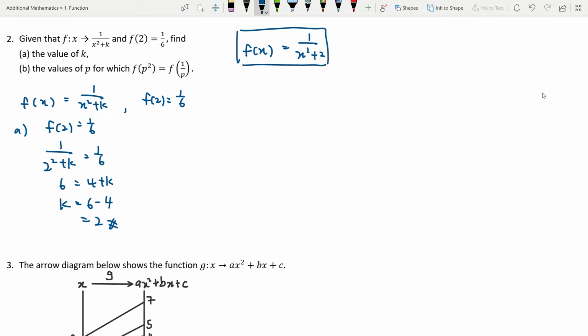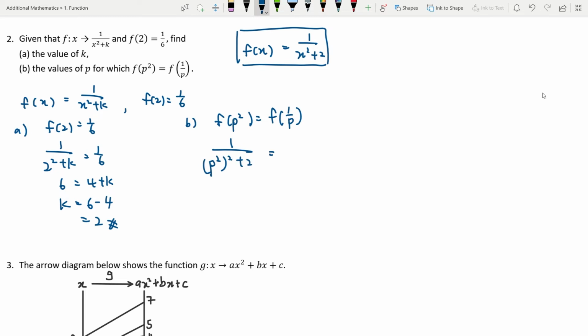Part B. Find the values of p for which f of p squared equals f of 1 over p. f of p squared equals f of 1 over p. Substitute the p squared into the function. We get 1 over p squared, all squared, plus 2.